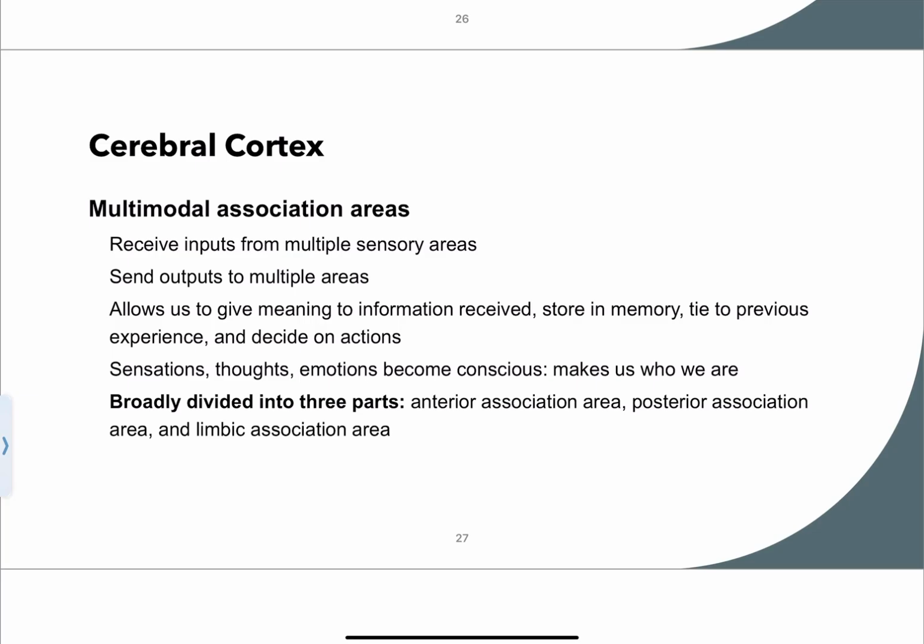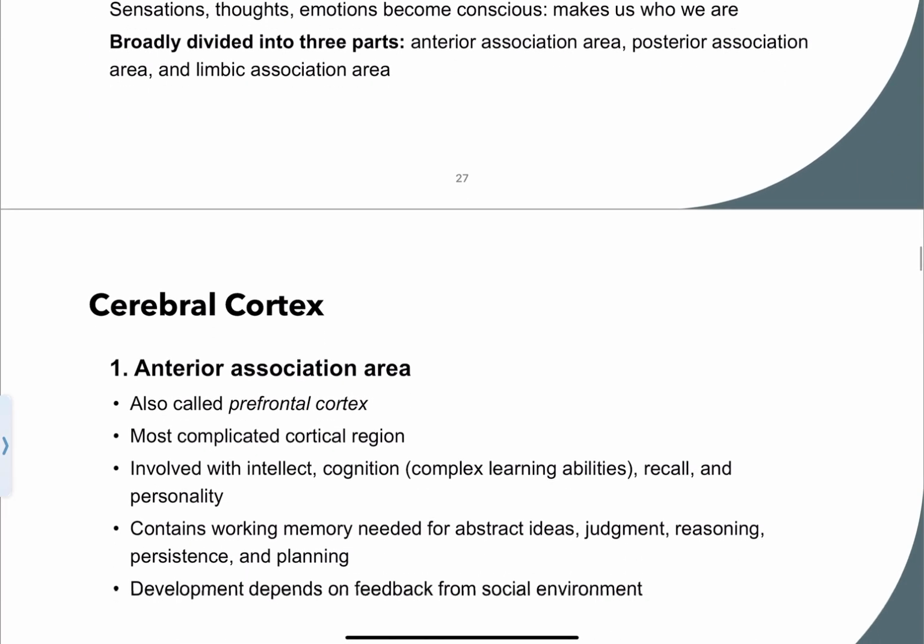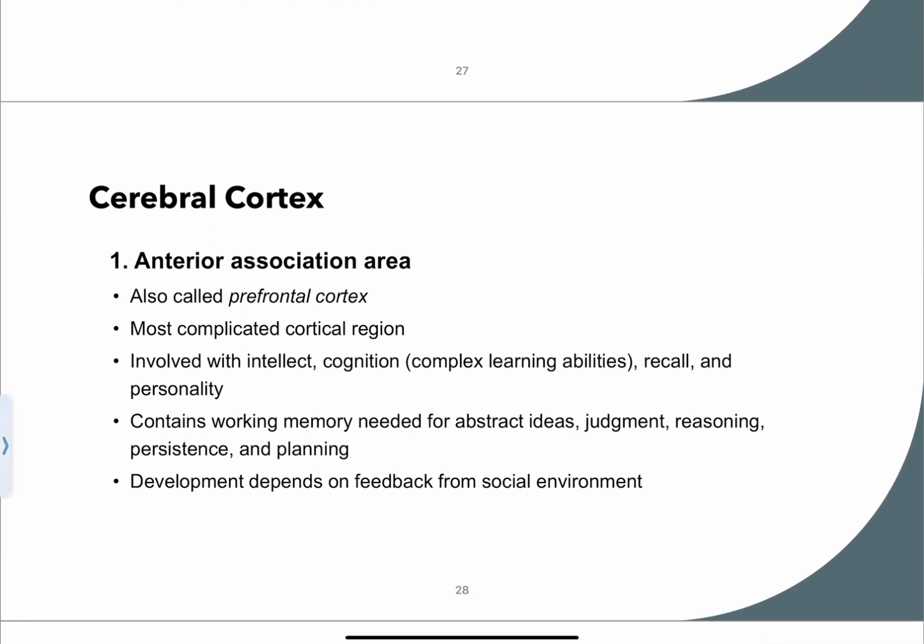We can divide the multimodal association areas into 3 parts. So we have our anterior association area, our posterior association area, and then our limbic association area. So our anterior association area is also called the prefrontal cortex. This is going to be our most complicated region because it's involved in complicated processes like our intellect, cognition, which is going to include complex learning abilities, recall, and our personality as well.